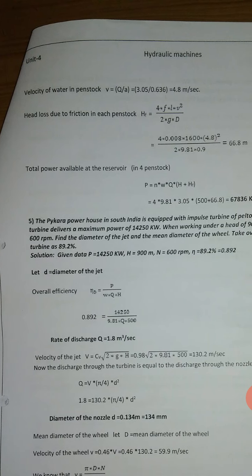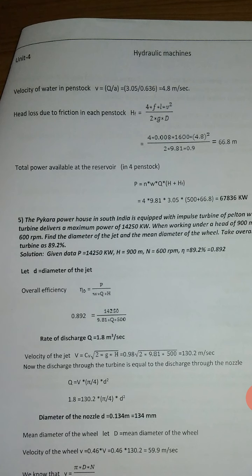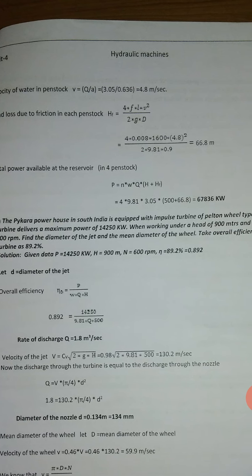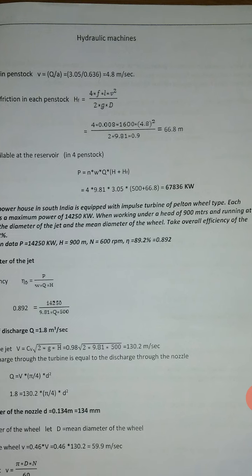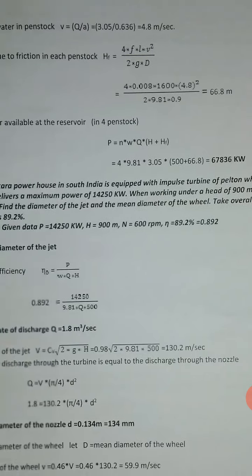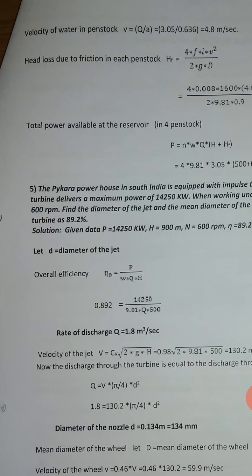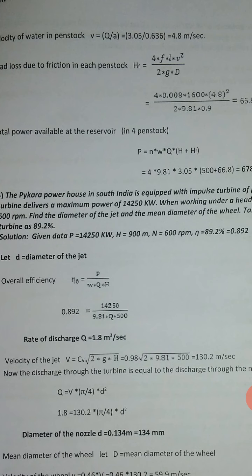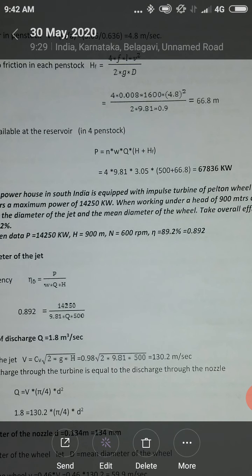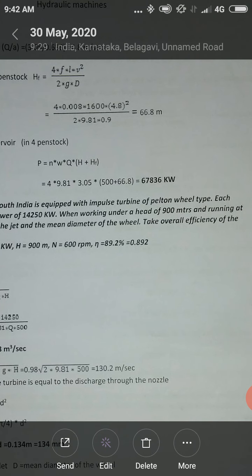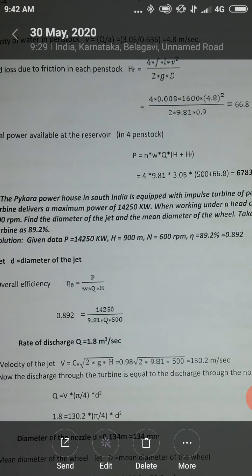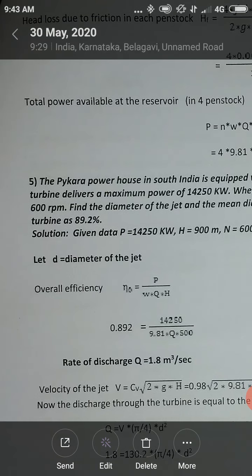The last problem: the Priyanka powerhouse in South India is equipped with an impulse turbine of Pelton wheel type. Each turbine delivers a maximum power of 14,250 kilowatt when working under a head of 900 meters and running at 600 rpm.